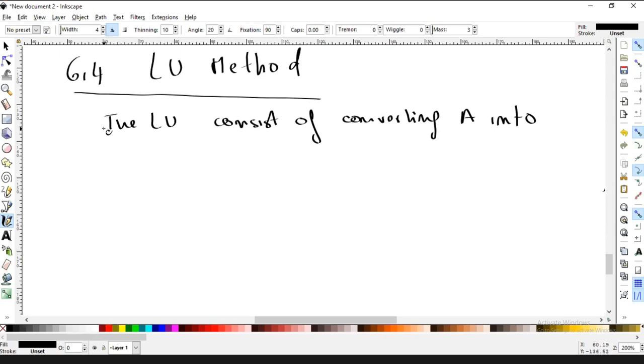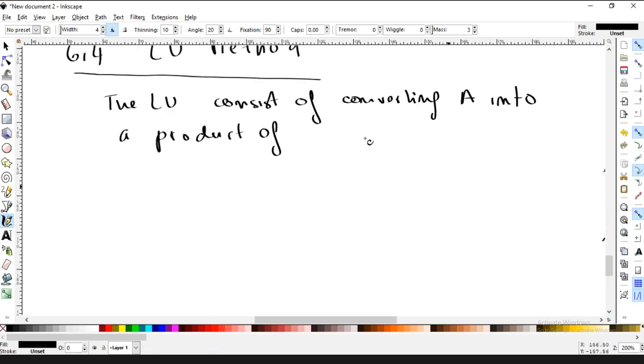So LU denotes lower triangular and upper triangular. We can always do that, and we can always convert any matrix A into a product of a lower triangular by an upper triangular matrix.